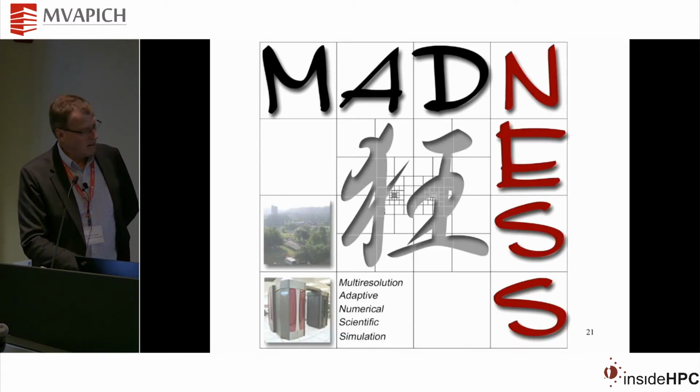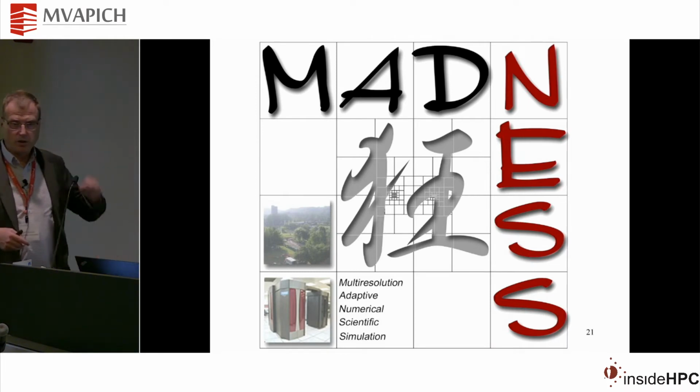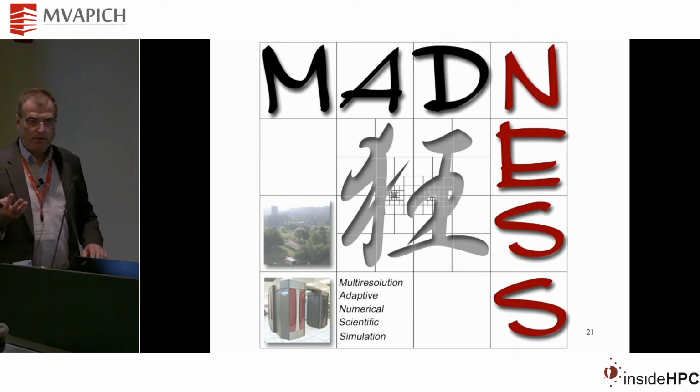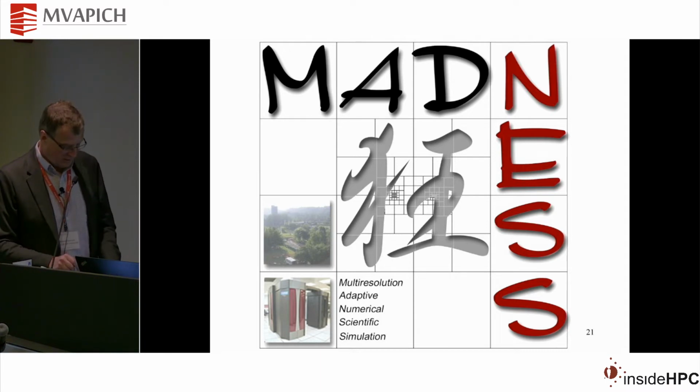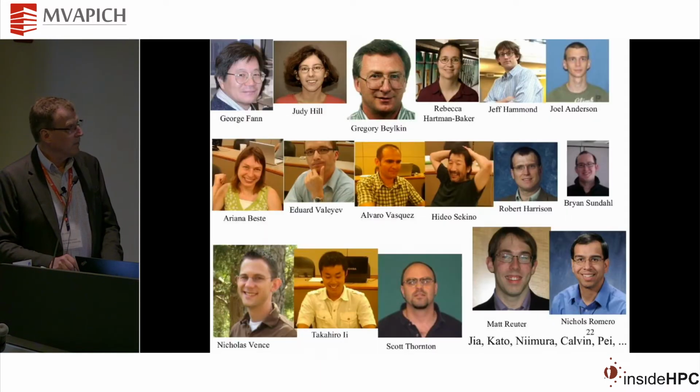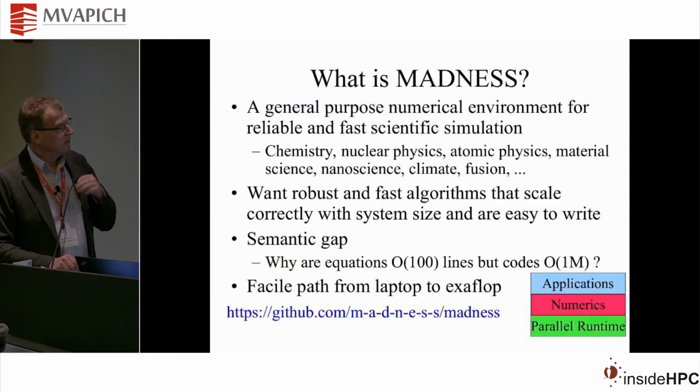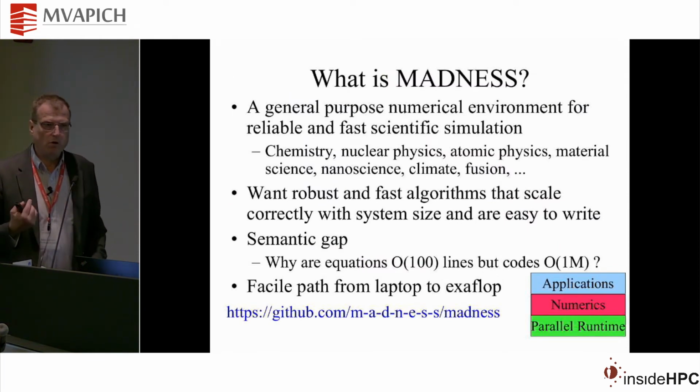So now I'm going to talk about MADNESS, which is a project I've been working on with many other collaborators around the world for some years now. It's essentially a general purpose numerical programming environment.